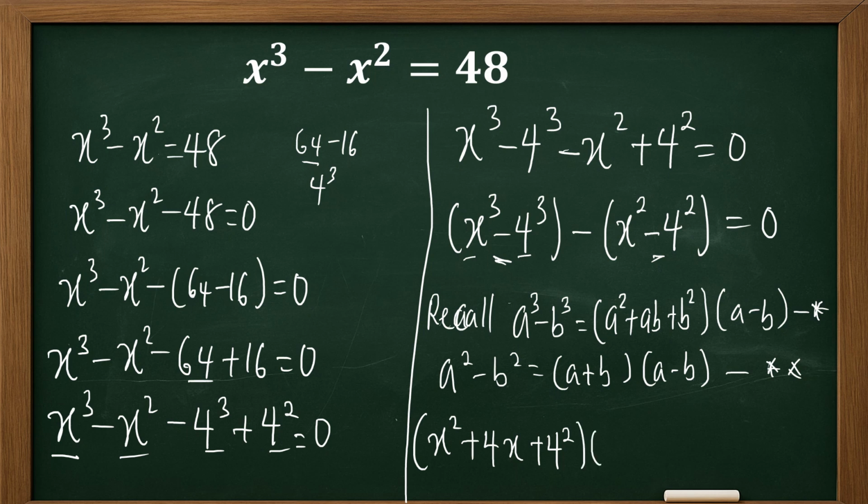And here I'm going to have x minus 4, minus, this is the second term, which is the difference of two squares. Here I'm going to have x plus 4, x minus 4, all equals 0.